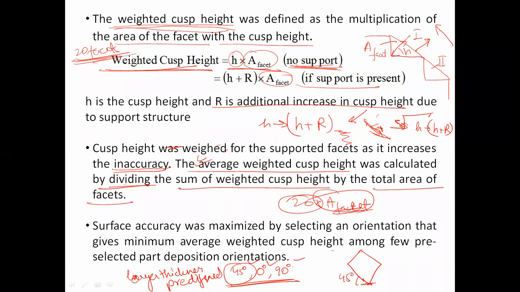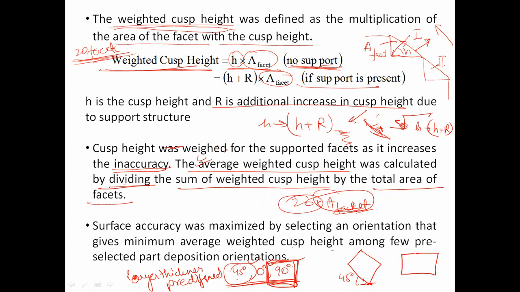After you have done this for every orientation you wanted, the minimum value of average weighted cusp height is taken into consideration, and based on that a suitable orientation is selected.